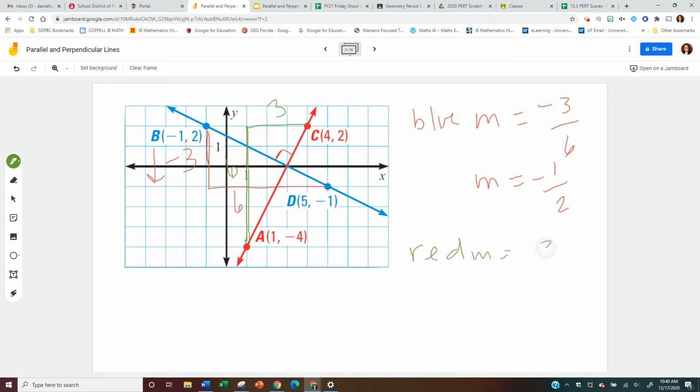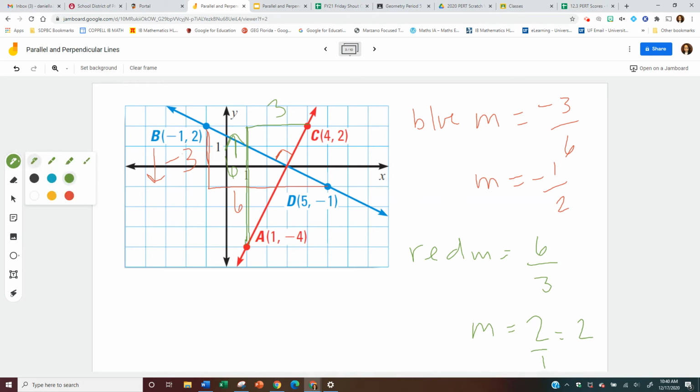My bad, let me erase that. My red slope is rise of 6, because we went up 6, and my run was 3, which reduces to +2/1, which is the same as 2.